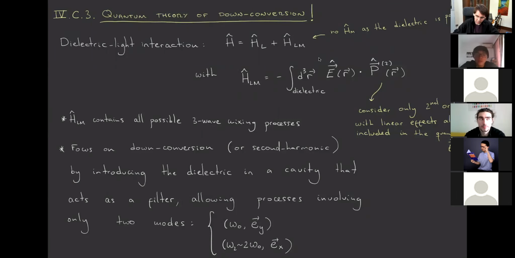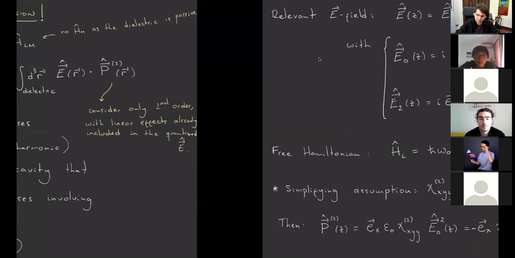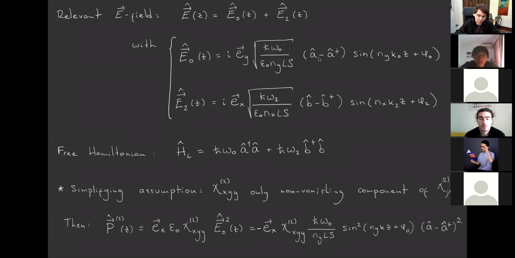In particular, one at frequency omega 0, which will be our fundamental or down converted mode, with a certain polarization. And then another mode, which is close to twice the frequency of that fundamental mode, that we can call the pump mode or the second harmonic mode, with orthogonal polarization. This was just for simplicity. Then the relevant part of the electric field has two components.